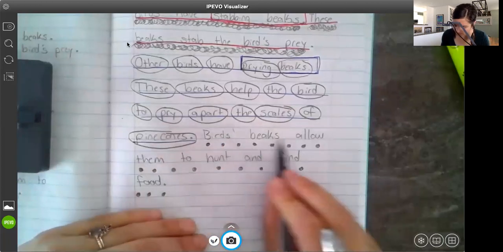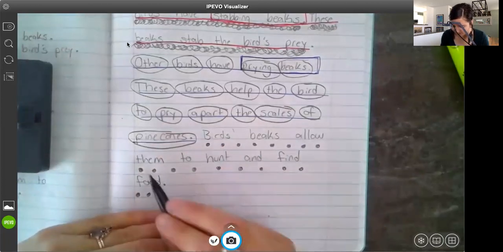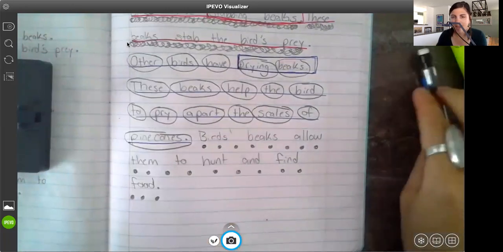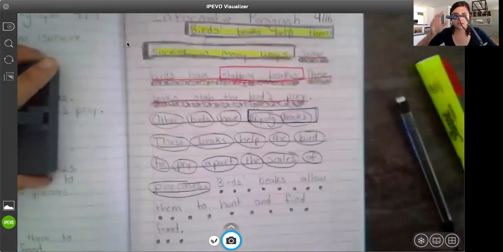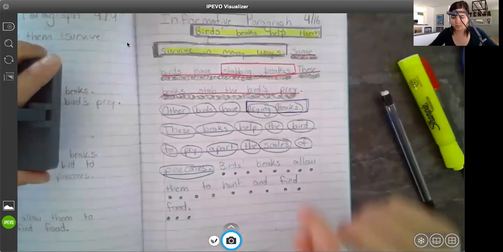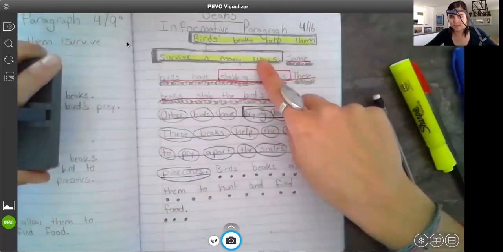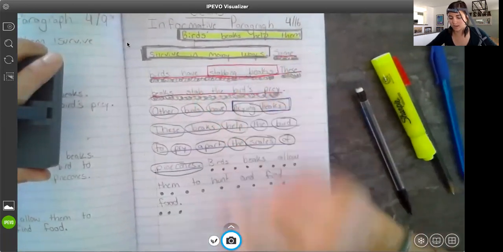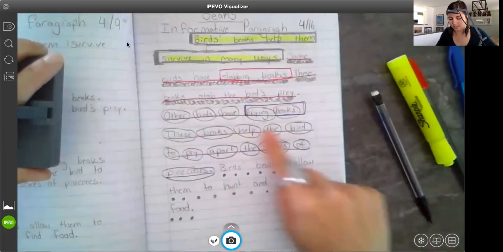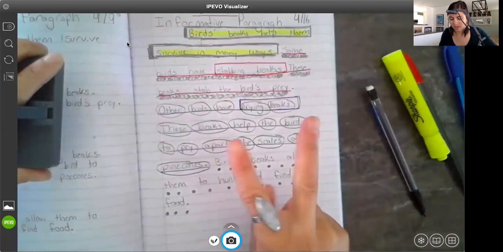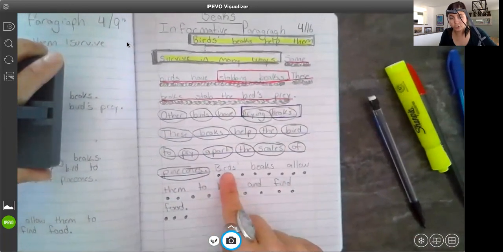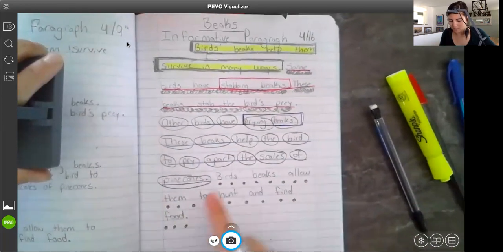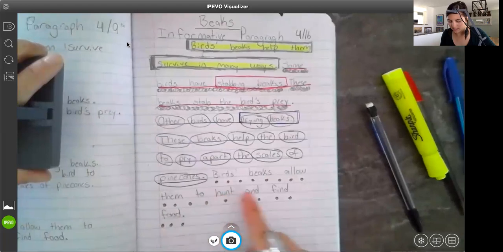Right? Awesome. So in our informative paragraph, we have the topic sentence in yellow, two detailed sentences in red, two detailed sentences in blue, and the conclusion, the final sentence in just pencil. Birds' beaks allow them to hunt and find food.